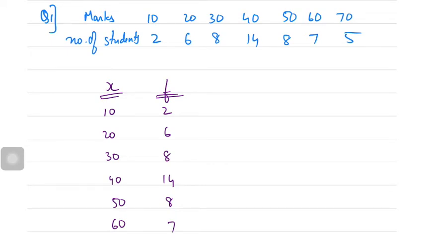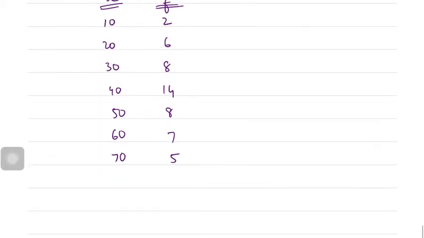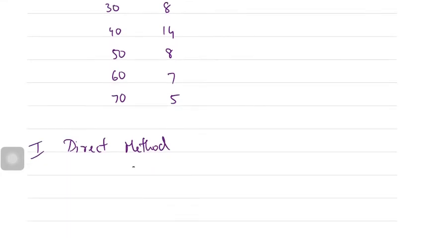Now we will solve using direct method first. The formula for direct method is arithmetic mean is equal to summation fx upon n, where x is variable, f is frequency and n is total of frequency.